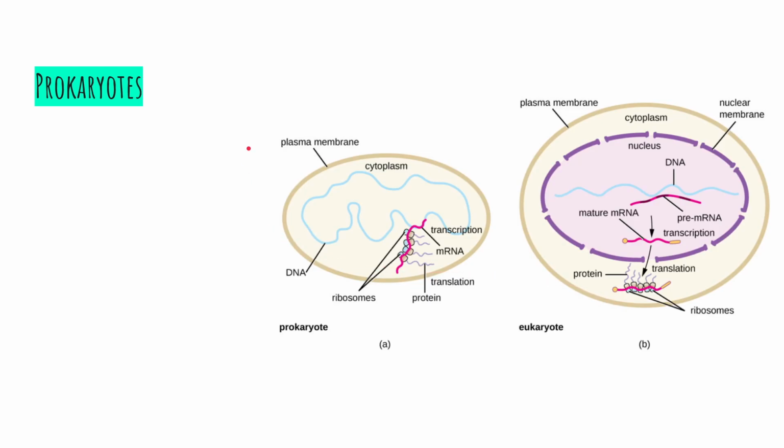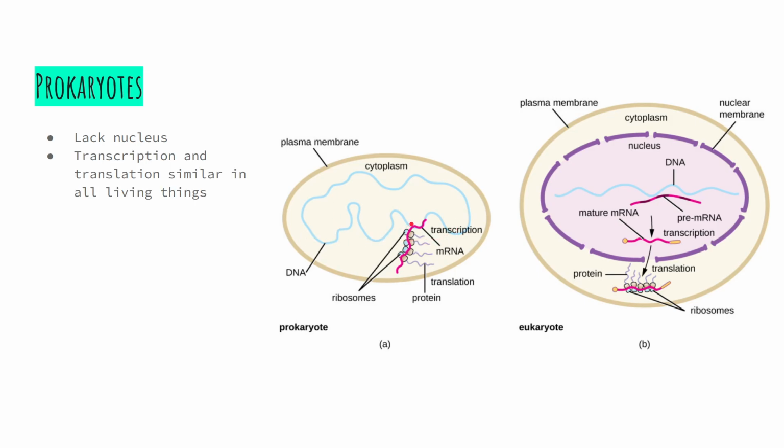Very briefly on prokaryotes. Prokaryotes do not have a nucleus. So our eukaryote on the right, we can see in purple the nucleus. We do not have that in our prokaryote. We just have the DNA as a nice big loop going through the cytoplasm, or, as we should know from previous videos, the nucleoid region.